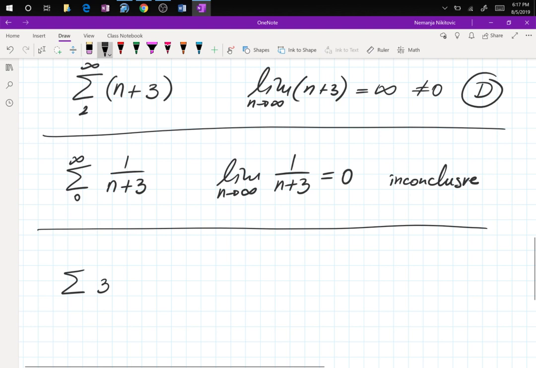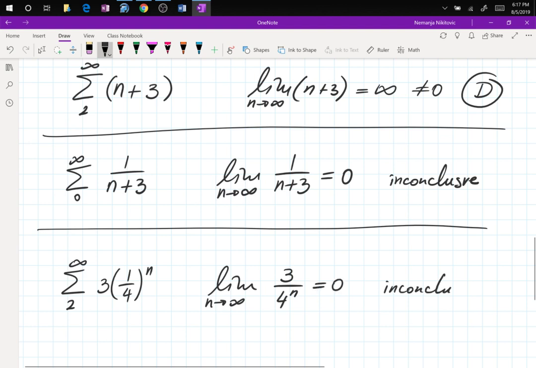Next, summation of 3 over 4 to the n, starting at, let's say, 2 to infinity. Well, you say the limit as n goes to infinity of 3 over 4 to the n equals 0. Inconclusive.